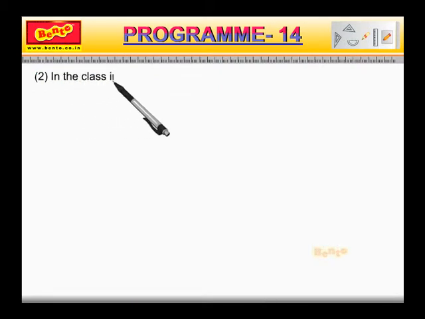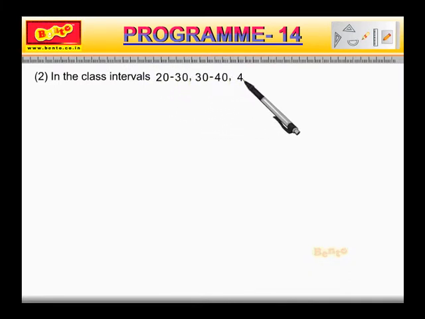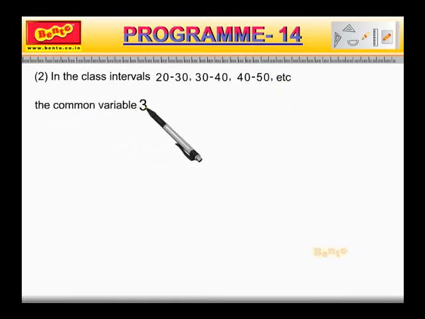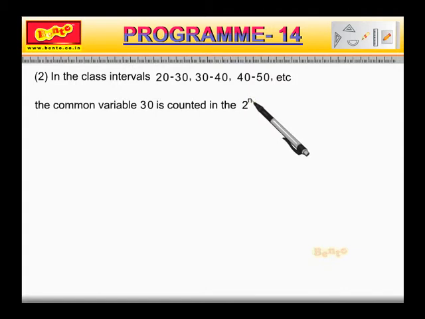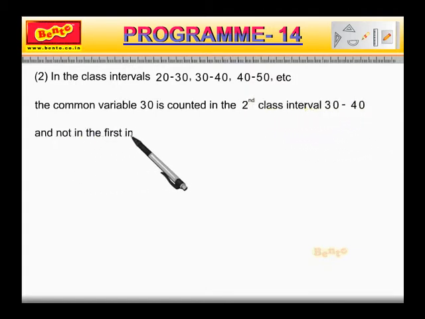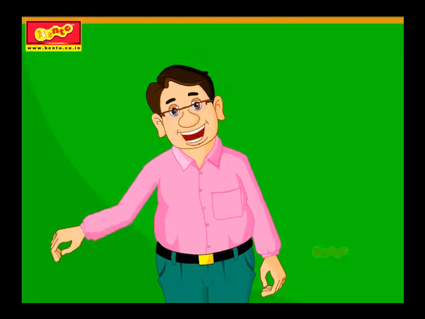In the class intervals 20 to 30, 30 to 40, 40 to 50, etc., the common value 30 is counted in the second class interval, 30 to 40, and not in the first interval, 20 to 30. Is that clear?